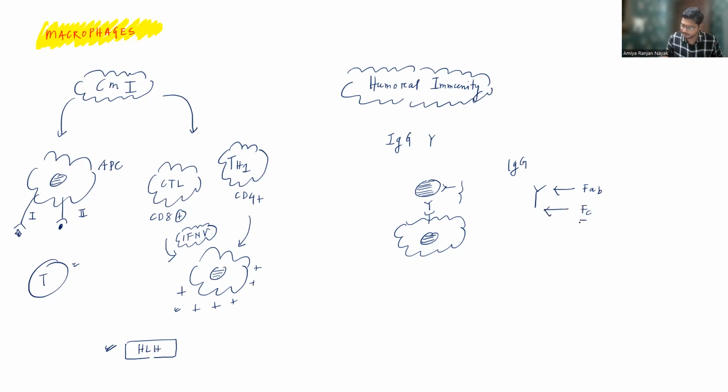This Fc portion can be identified by the Fc receptors, and macrophages have this Fc receptor.